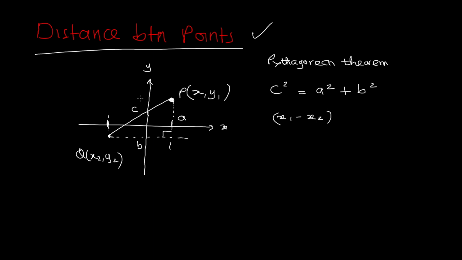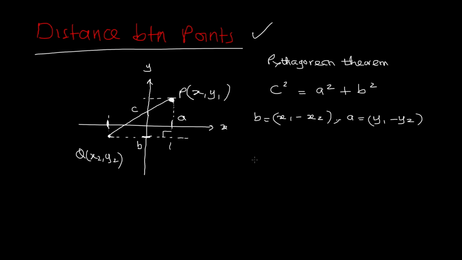Then from here, we come back here and look at this as well. But again, if we just check in terms of the y's, this will be y1, and that will be y2. So we can say this is b, and then a will be y1 minus y2.